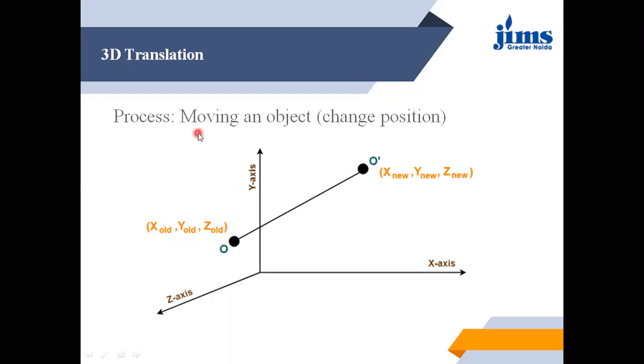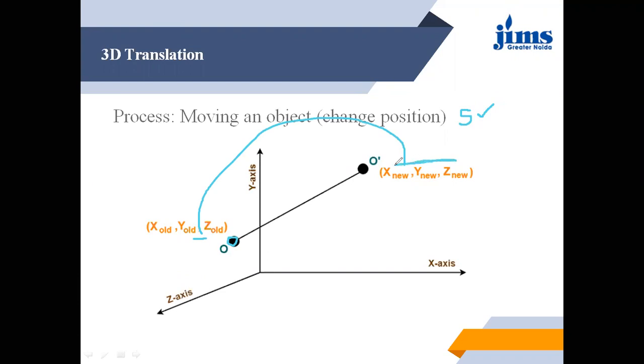When I move this object from O to O dash, the shape of the object will be the same, as I told you. The position is going to change from x old, y old, z old to x new, y new, and z new.